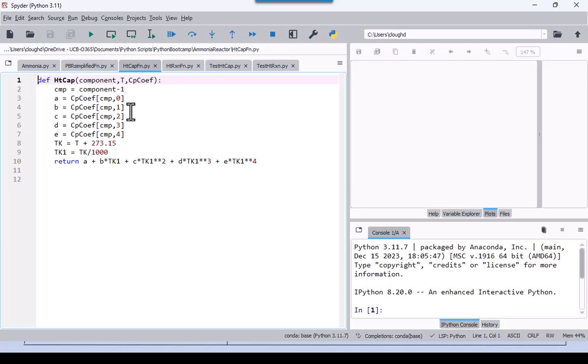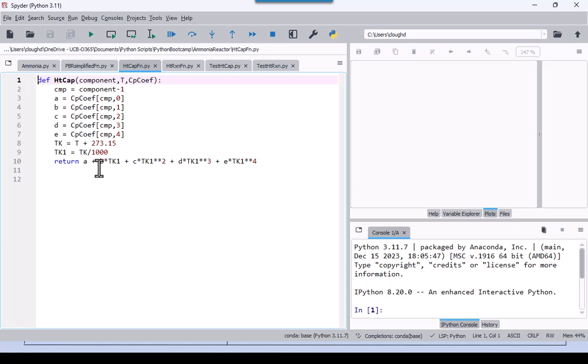This gives us our A through E, and then we come down here from the CP coefficient two-dimensional array. We calculate the temperature in kelvins, scale that by 1,000, because that's what was used to develop our equations for heat capacity, and then we use our equation for that component to calculate the heat capacity.